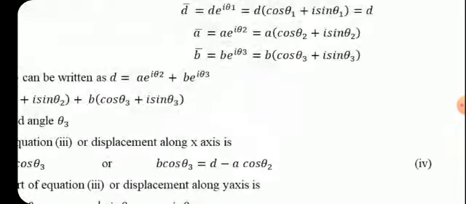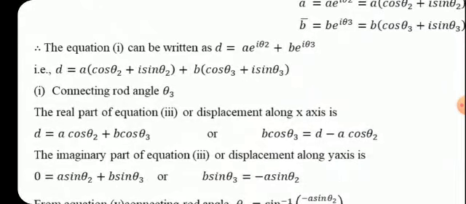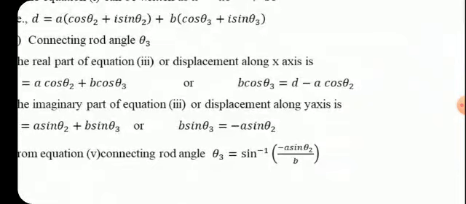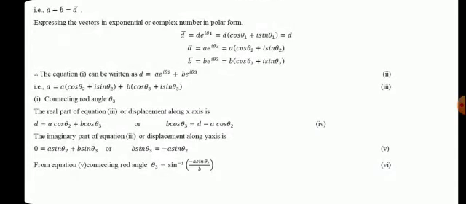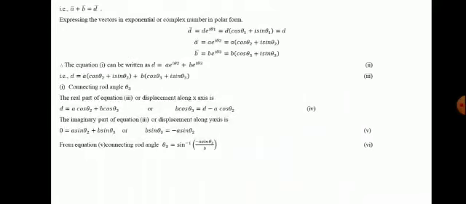From the equation 8, the angular velocity of the connecting rod omega 3 is given by, now the imaginary part of the equation, now the real part of the equation.